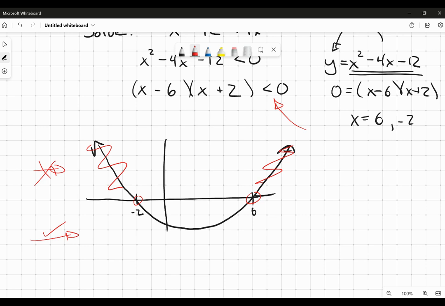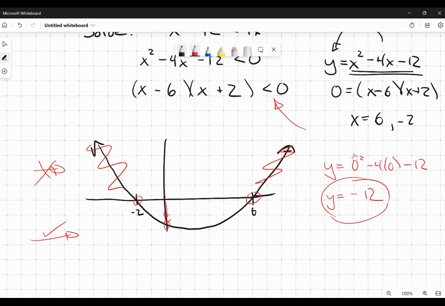And I can test that really quickly. Let's pick 0, for example, because 0 is right here. This is where x is going to equal 0. If I go back into my equation, y equals 0 squared minus 4 times 0 minus 12, I, in fact, get a y coordinate of negative 12. So I am getting a y coordinate that's negative.